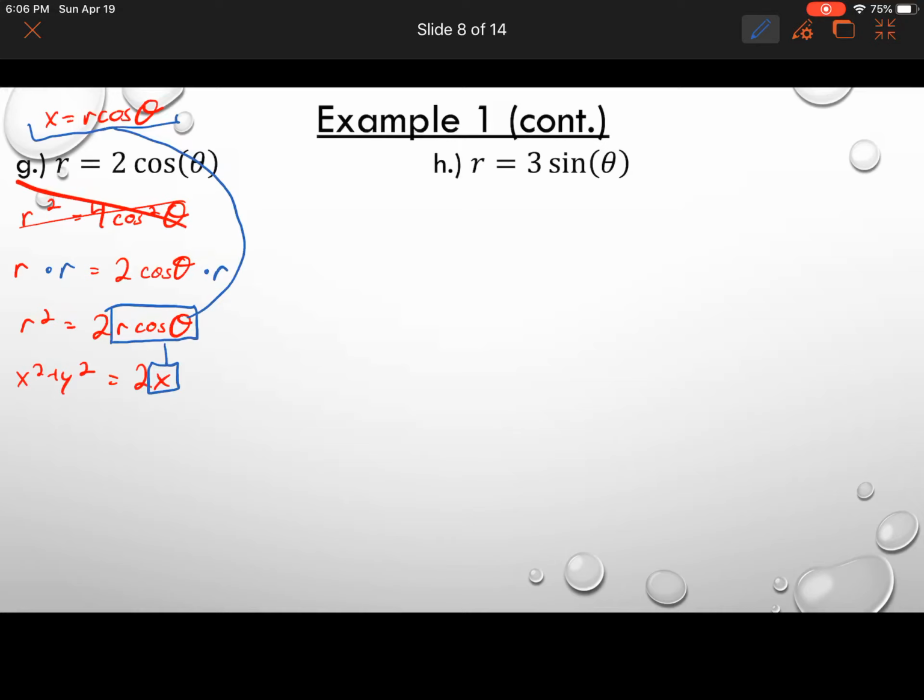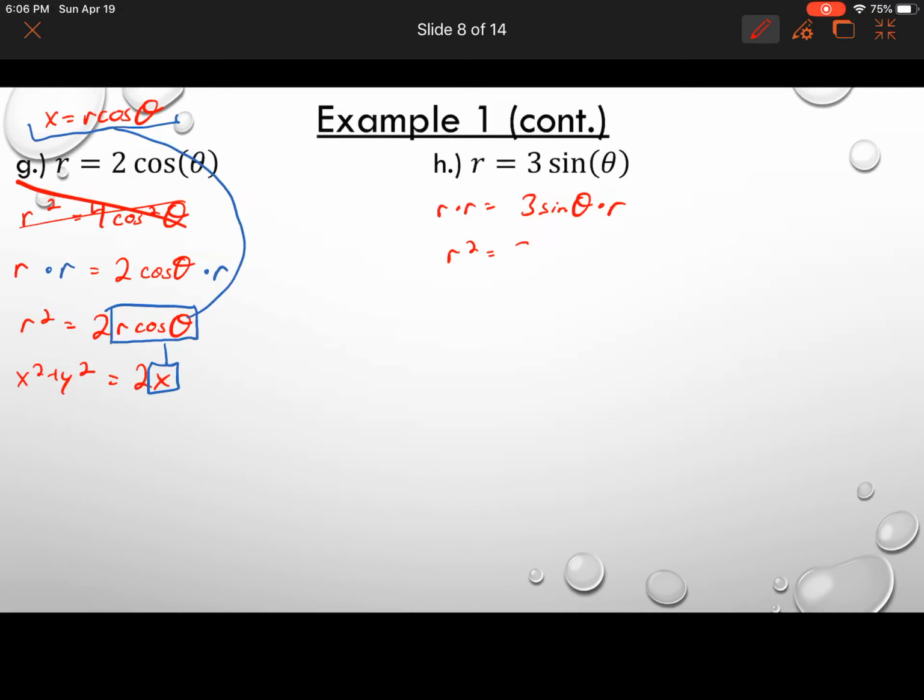So once again, similar to A and B, because we start out with this r, but this time instead of squaring the r, we have to multiply the r by itself. So multiply both sides by r. H is going to be basically exactly the same. All right, so we got r times r is equal to r sine theta times r.